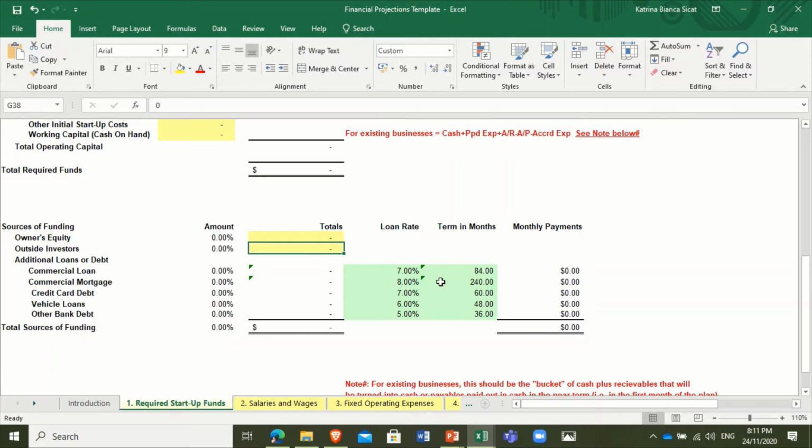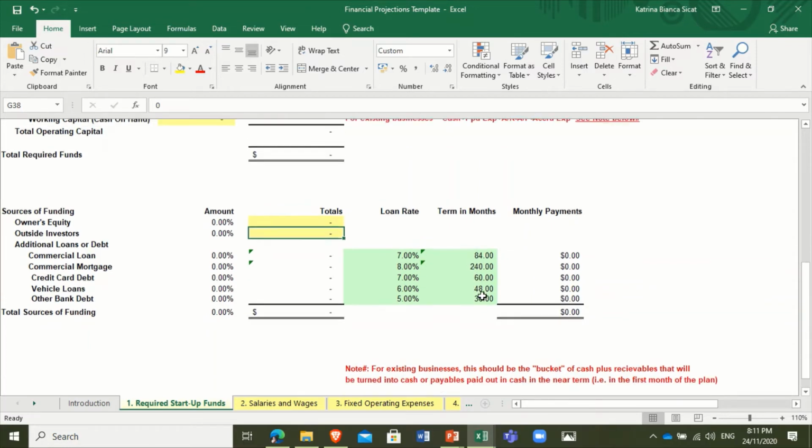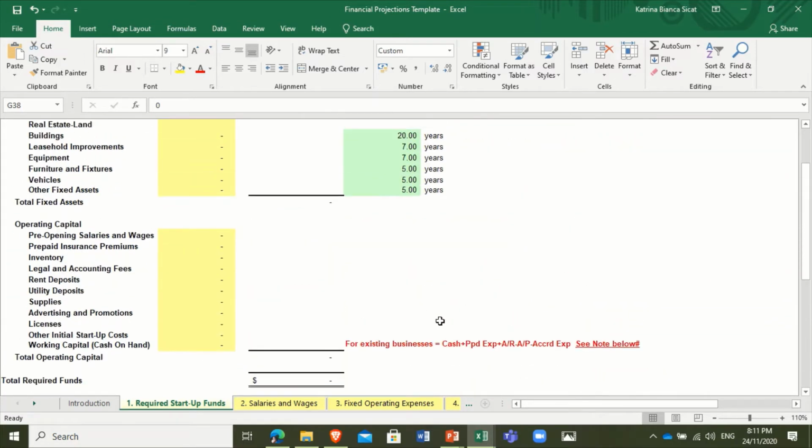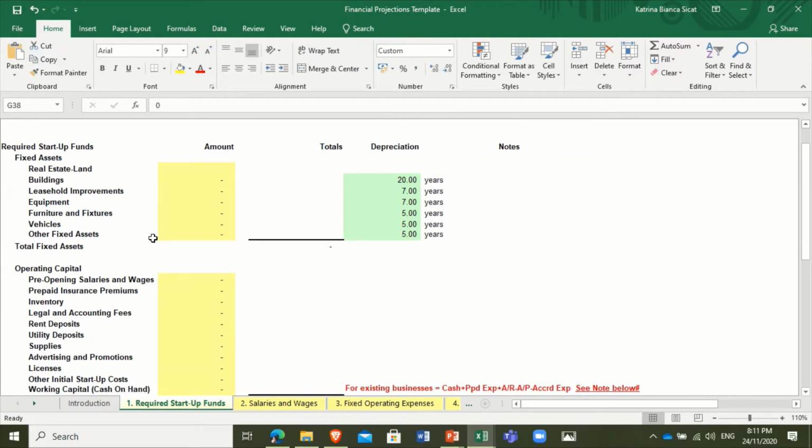But you have to also ask kung ilang percent yung commercial loan for a given period of time. Usually kapag mas mahaba yung term, mas mataas yung interest rate. So, I think dito kailangan nyo talagang pag-isipan itong sa required startup funds or initial starting capital.